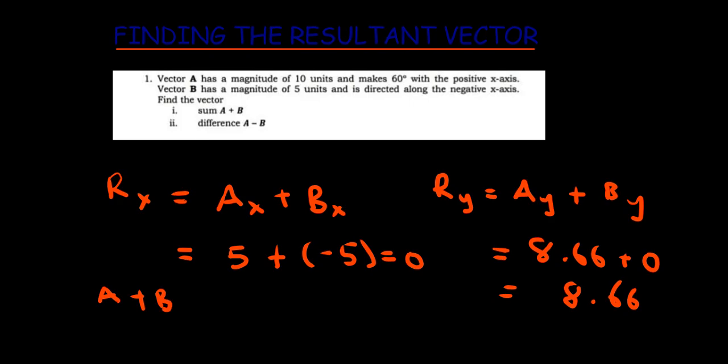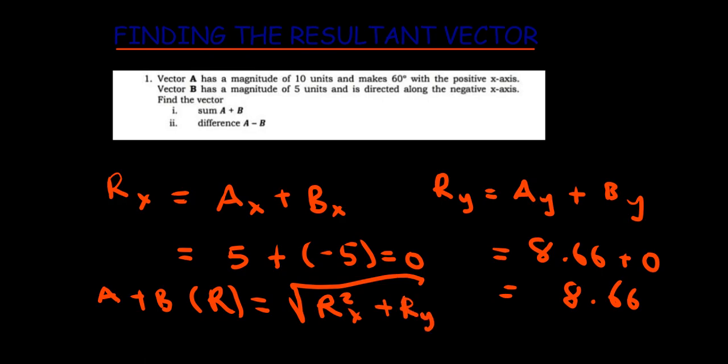So a plus b in this case will be represented by what? By r, which is the resultant. We will use the formula here: rx squared plus ry squared. This is the formula that we will use. So now let us replace what we found.